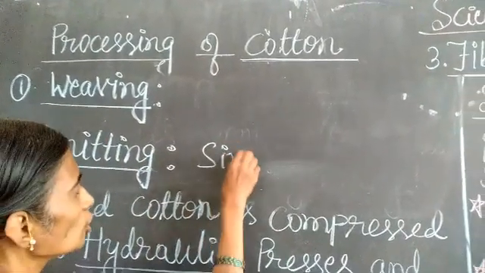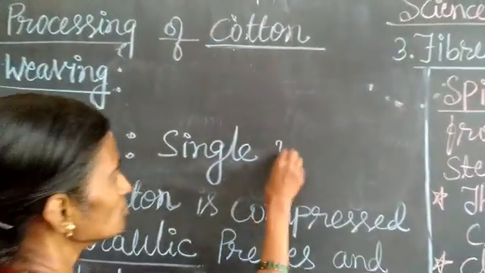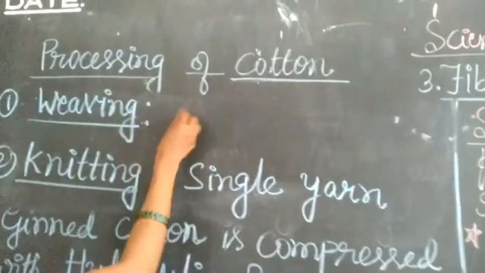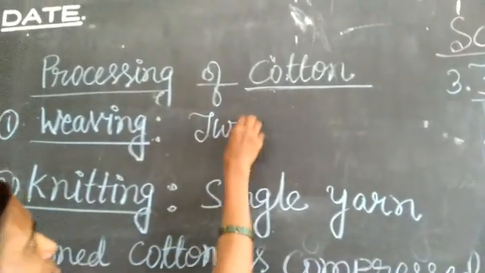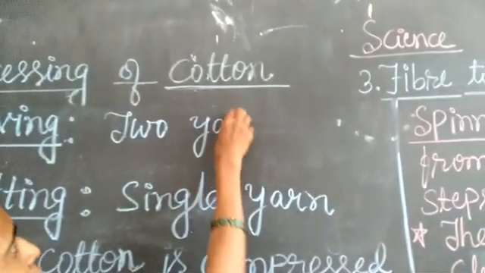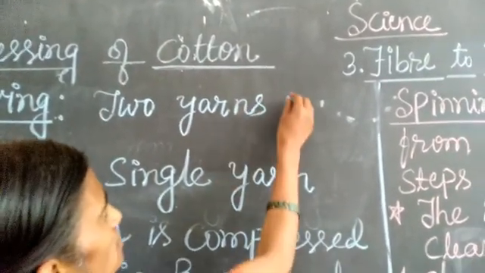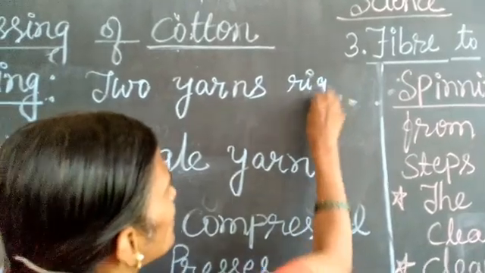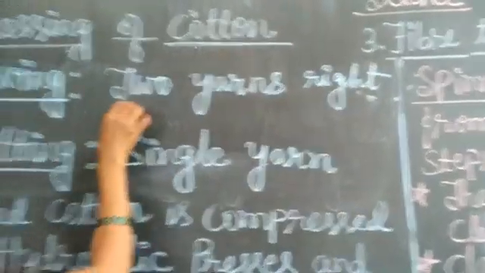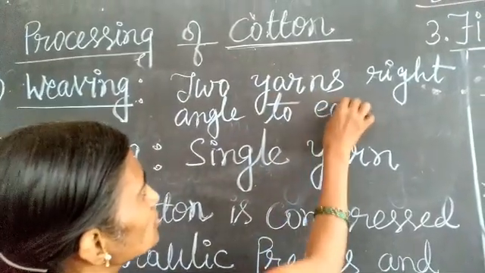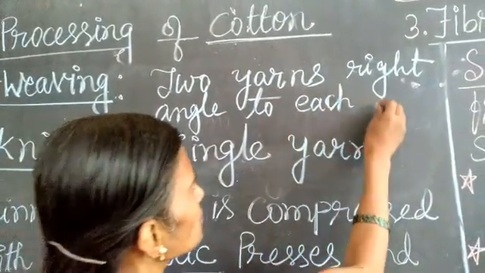Here a single yarn is used in knitting, whereas in weaving, two yarns, that means threads, are placed at right angles to each other. That is weaving.